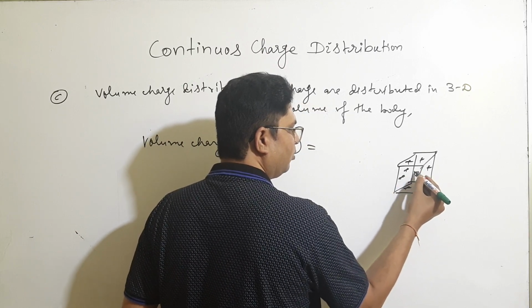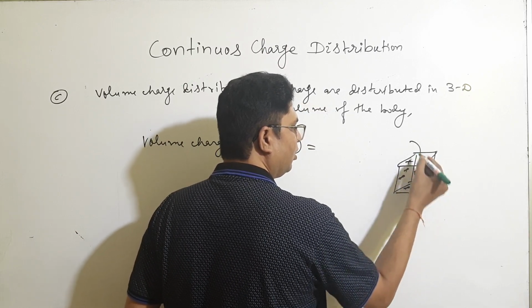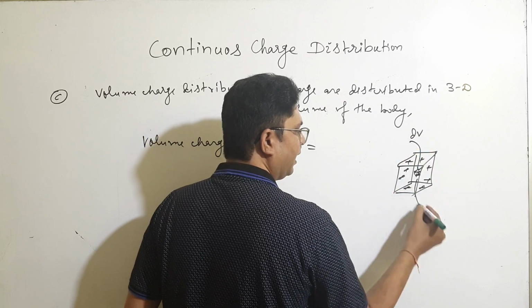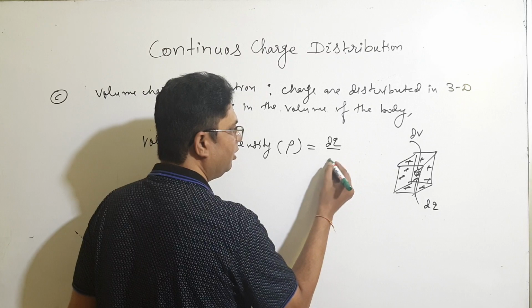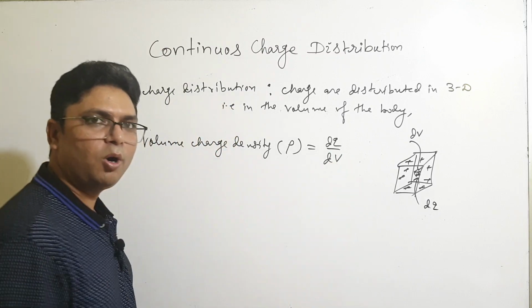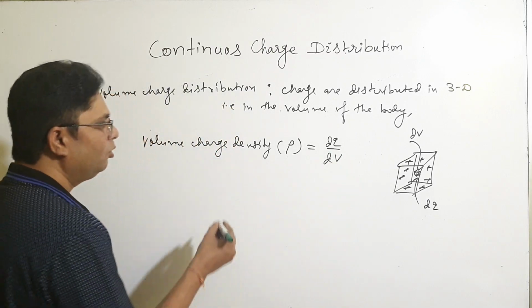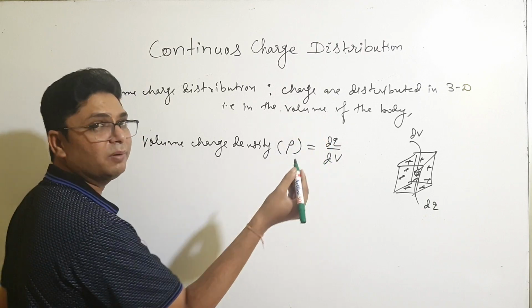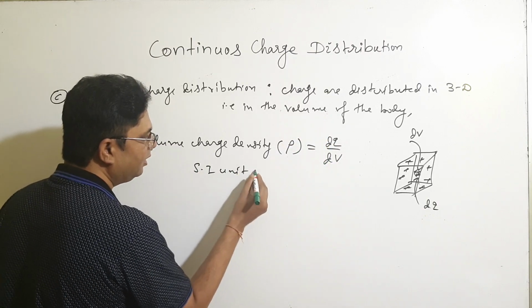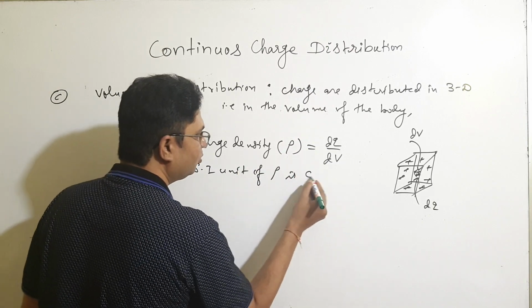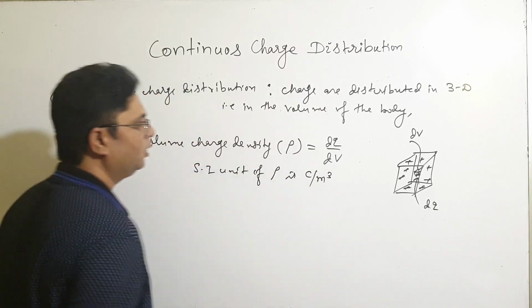Consider a small volume dV, having charge dq. Then dq upon dV is said to be volume charge density. So it is charge by volume, and coulomb per meter cube is the SI unit of rho.